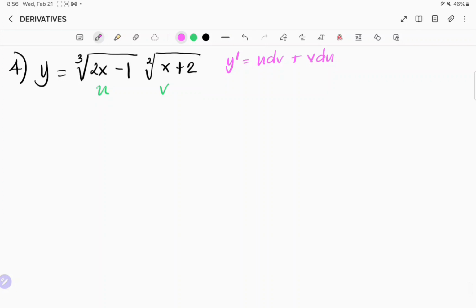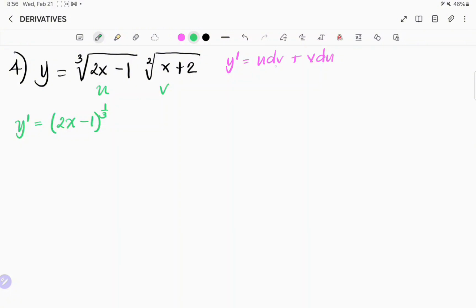So let's start with y prime. Y prime is equal to u. Our u is the cube root of 2x minus 1 and can be deformed to 2x minus 1 raised to 1/3.